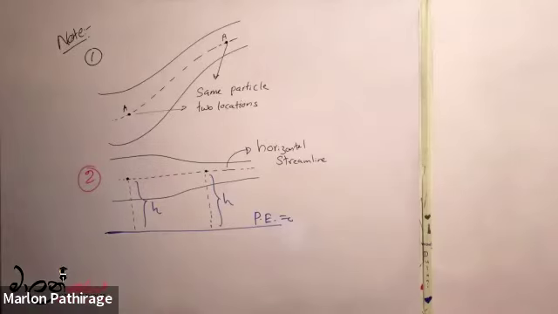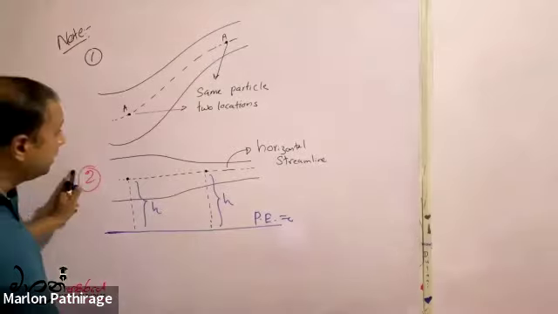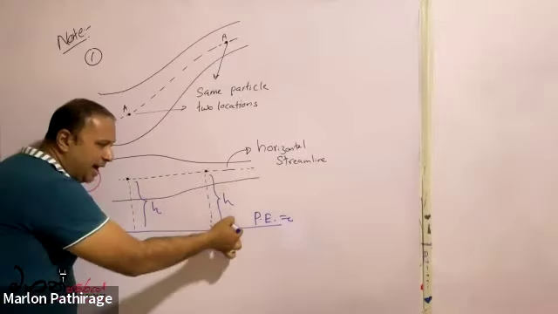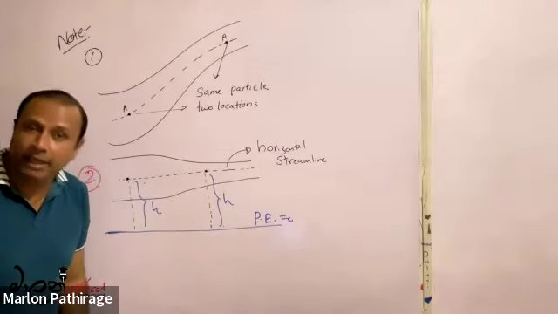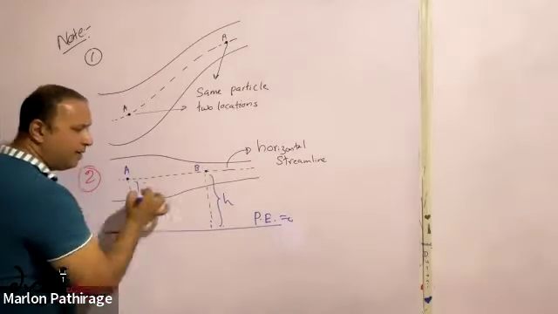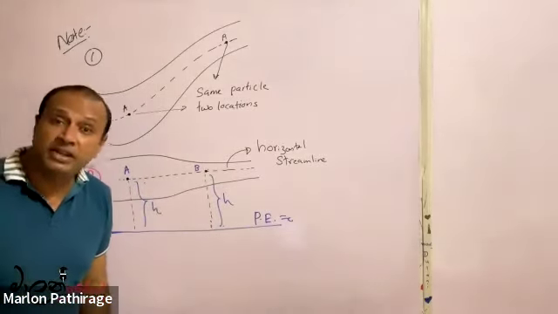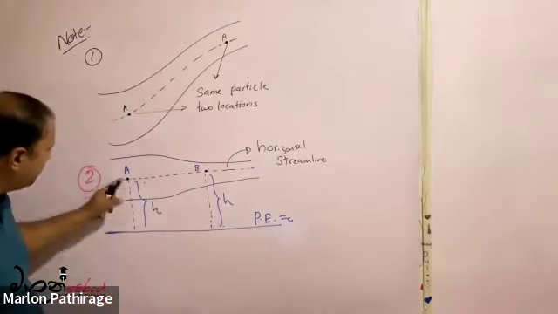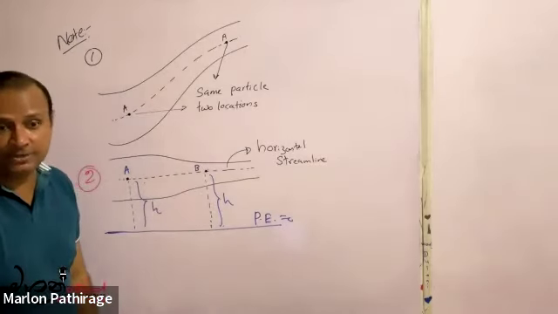Therefore, rho g h, that means potential energy per unit volume, is equal in each case.